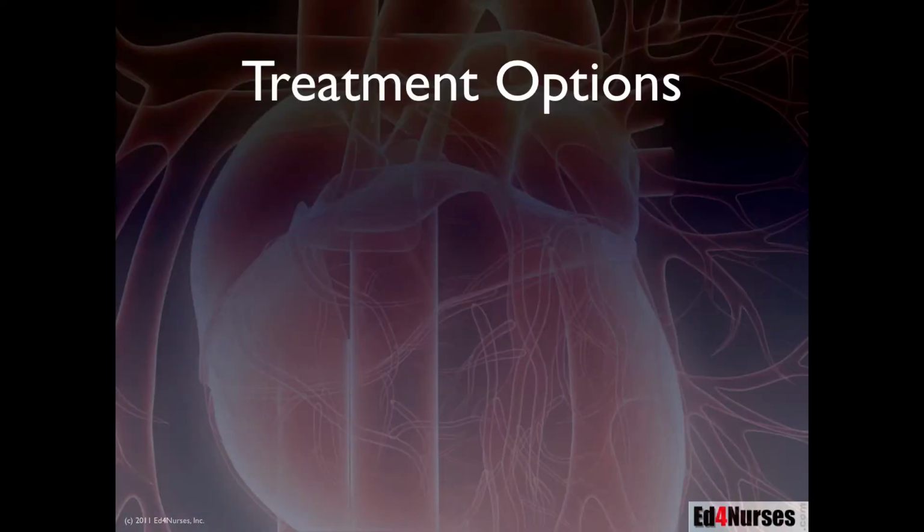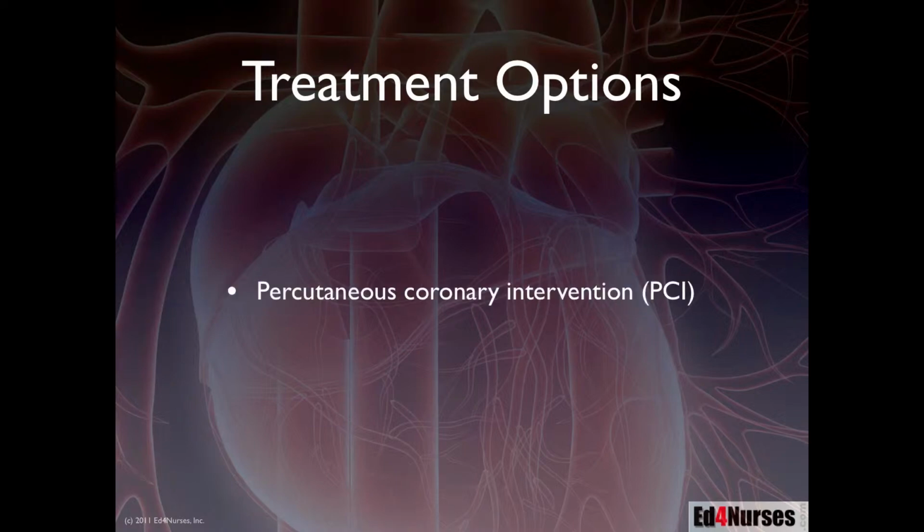How we're going to do that is by having really good, prompt treatment for our patient. The preferred method of treatment would be percutaneous coronary intervention. This includes stent placements and angioplasties, those kinds of things. So that would be preferred. We send the patient down to the cath lab and we are able to do these interventions right away, reopen the vasculature, and then the patient doesn't get as much ischemic damage.